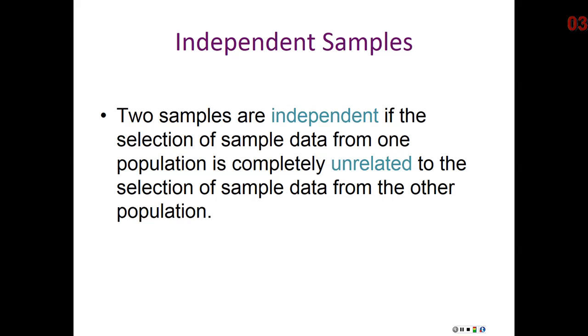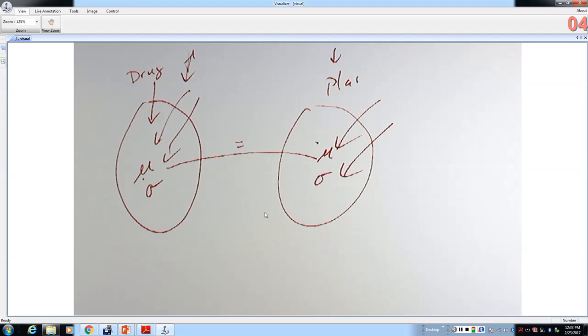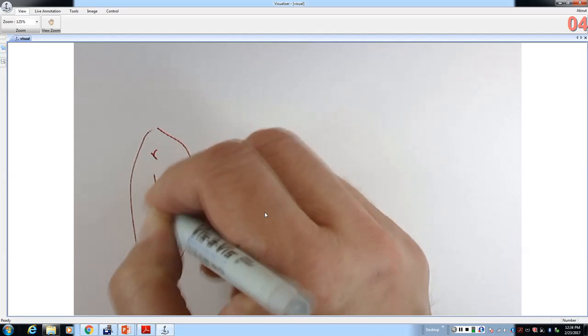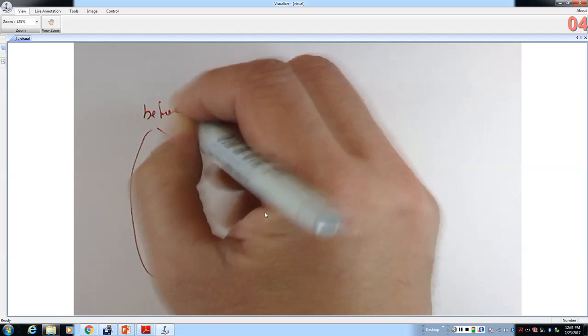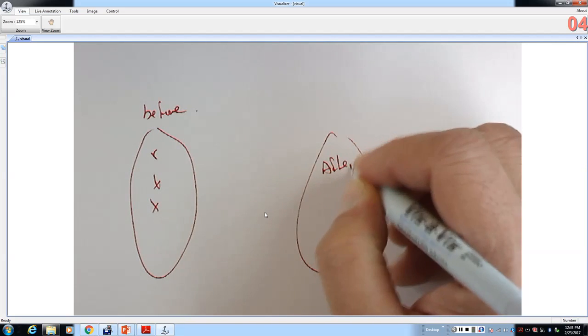Then that's going to be the same person, okay? So you're still comparing two means. But in this case, the two means are from the same people, okay? You have the weight before you took the drug, and then the weight after you took the drug, okay?